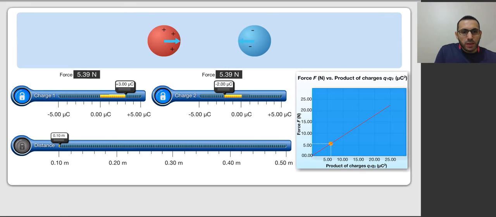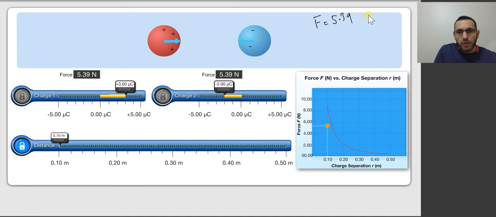Okay, and now I will change the distance. At a distance of 0.10 meters, the force is 5.39. Let me record this. So F is equal to 5.39 when R is 0.10 meters.